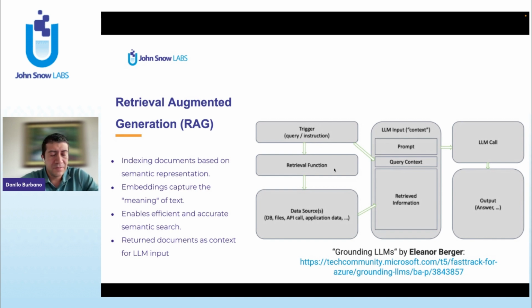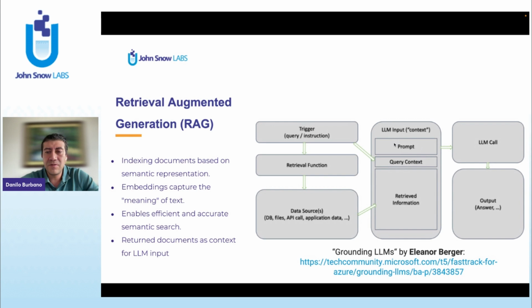This function processes the query and retrieves relevant information from the data sources. This can include databases, files, API calls, application data, and so on. The retrieved information is used to provide context for the LLM.